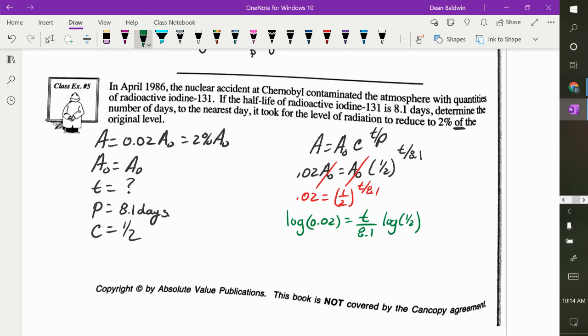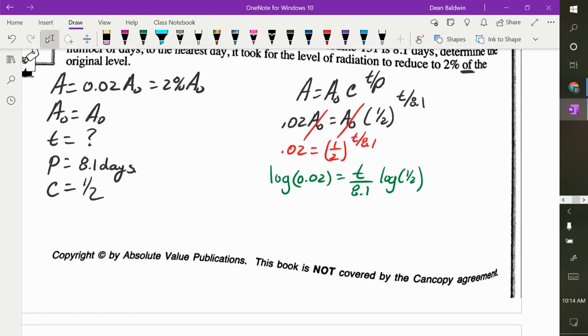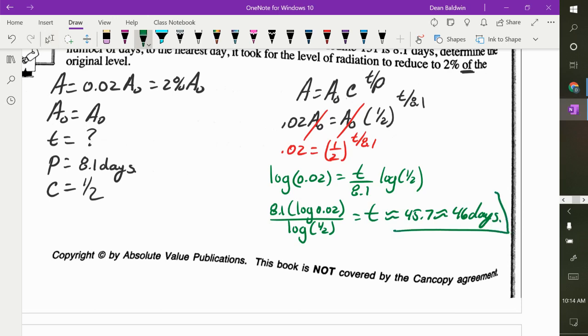How do you solve for T? Should be about 46 days if you put it in your calculator.